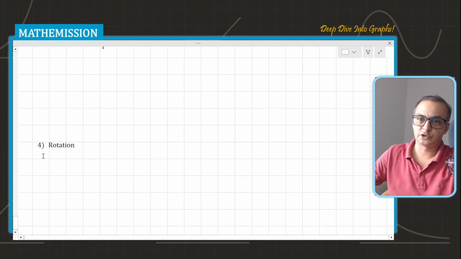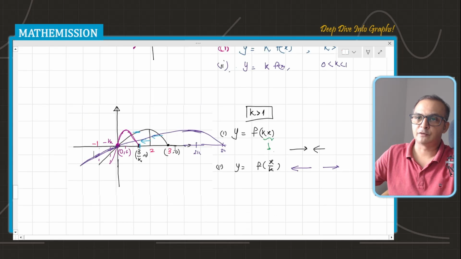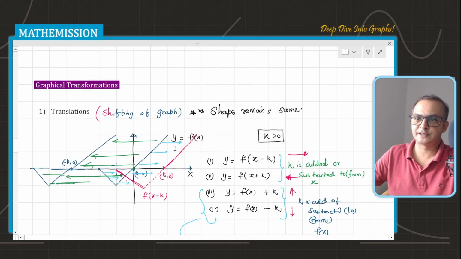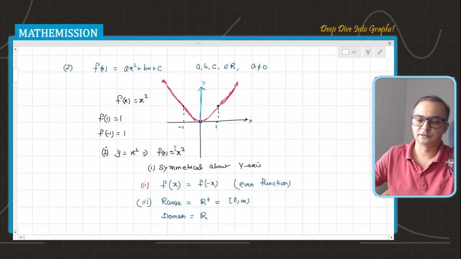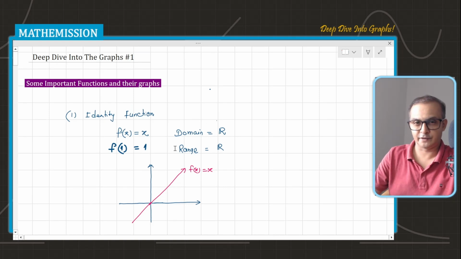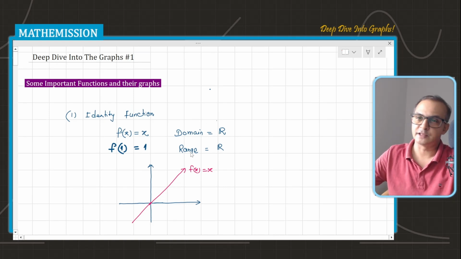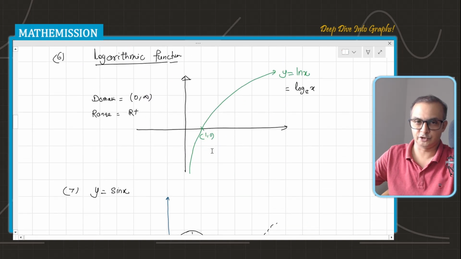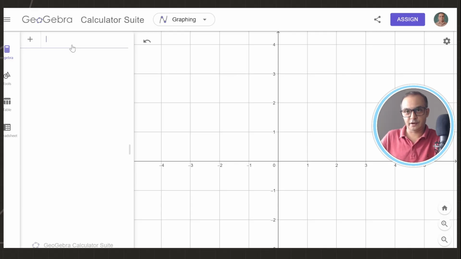So I'm not going to touch this here. Now we'll see how all these basic functions exhibit their behavior, and how the shift is happening in GeoGebra. So let's go to GeoGebra. So here we are in GeoGebra.